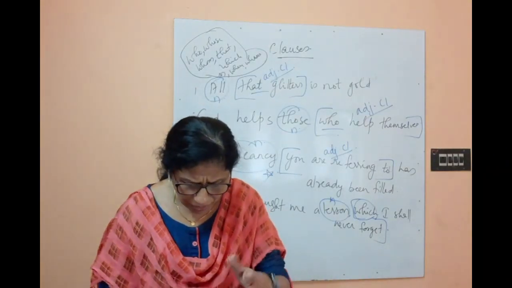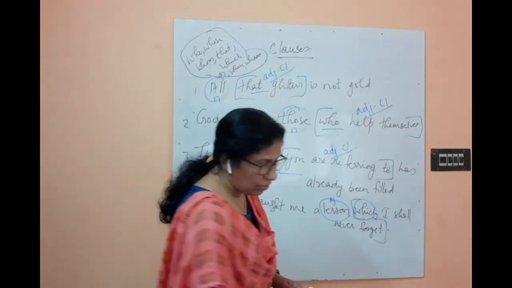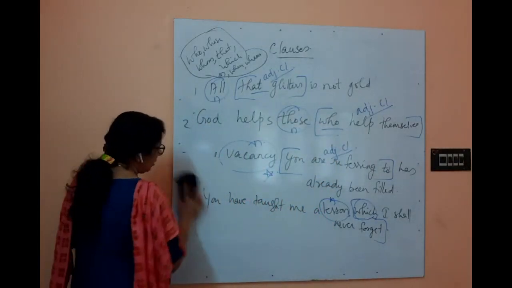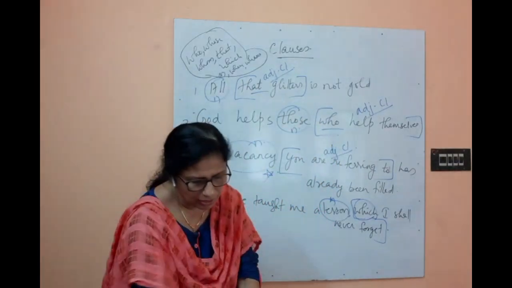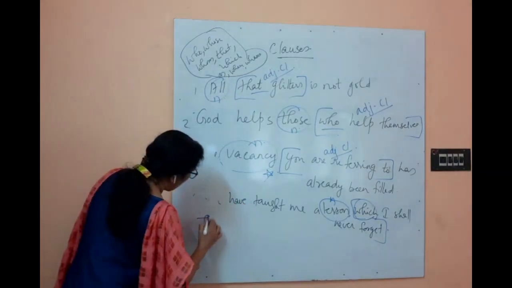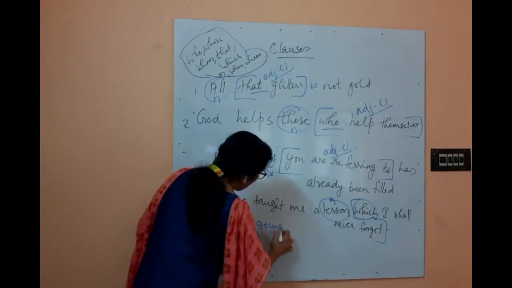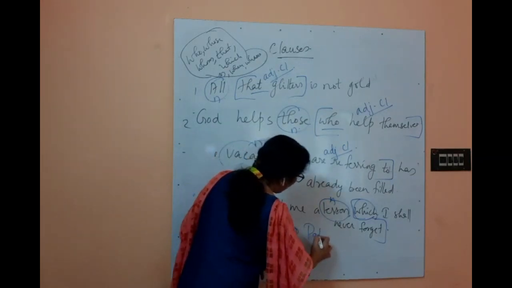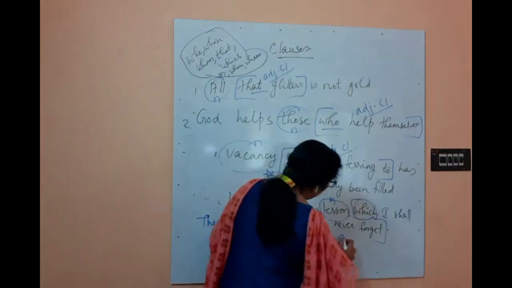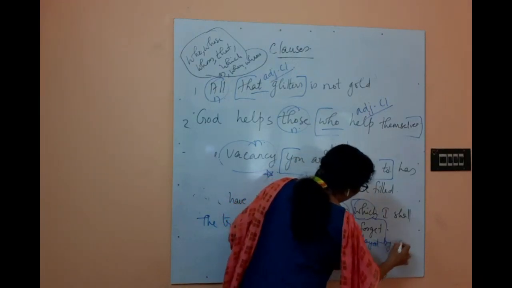In the same way, consider converting an adjective phrase to a clause. The train going to Patna, which we already did as an example in the beginning. We will write it here: "The train going to Patna got delayed by fog."